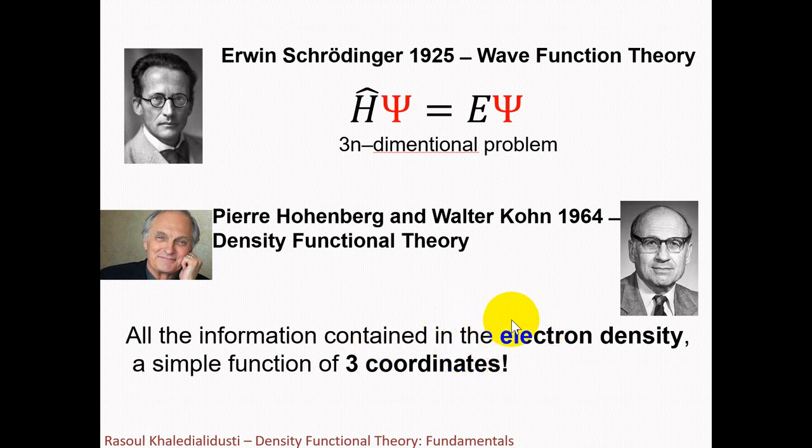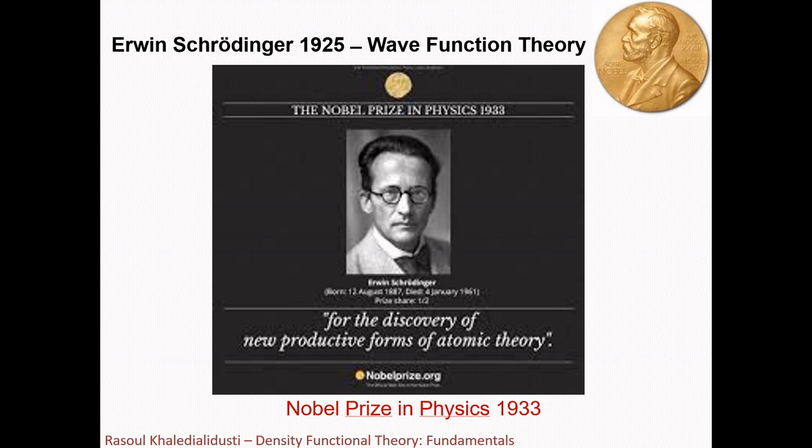So the electron density, of course, is a very simple function of only three coordinates. We live in three-dimensional space, so we can define the density at every position in space as a function of only three coordinates. We'll discuss DFT more later in this video. Both of these accomplishments by scientists in the 20th century were highly important, and each was awarded the Nobel Prize.